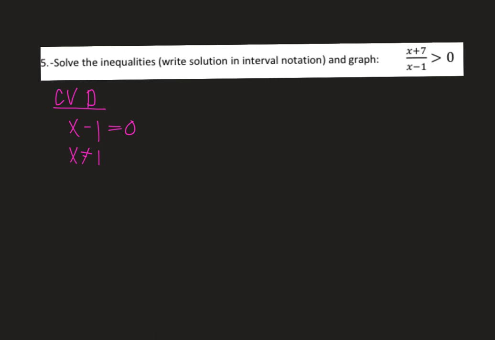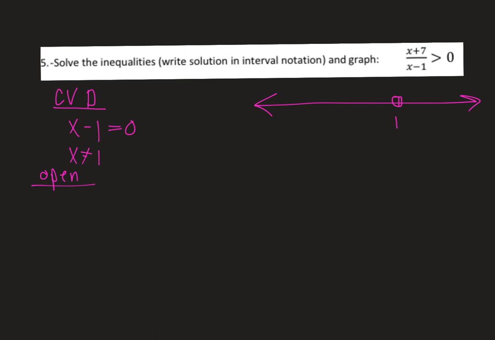So the critical value from the denominator will go on the number line as an open circle. So if we put that on our number line here, when x equals 1, that is going to go on our number line open.